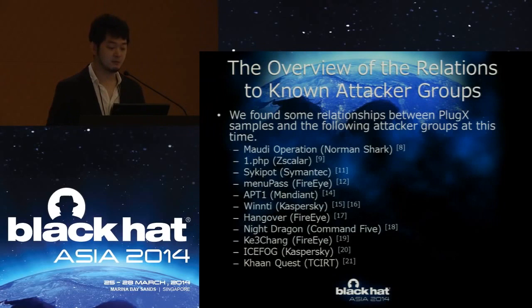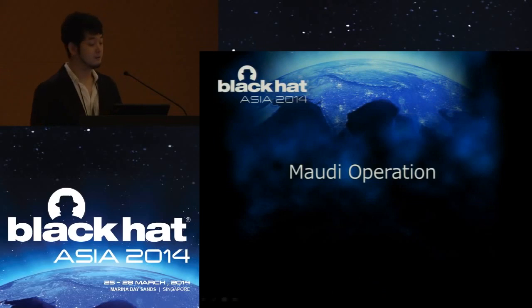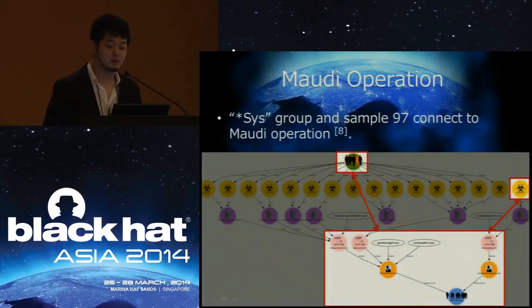We found some relationships between PlugX samples and the following attacker groups at this time. These are 11 groups or operations. First, Mongolian operation. Mongolian operation was reported by Norman Shack.